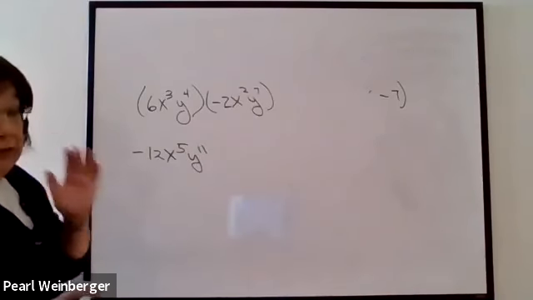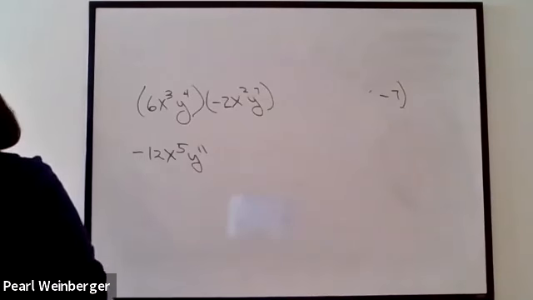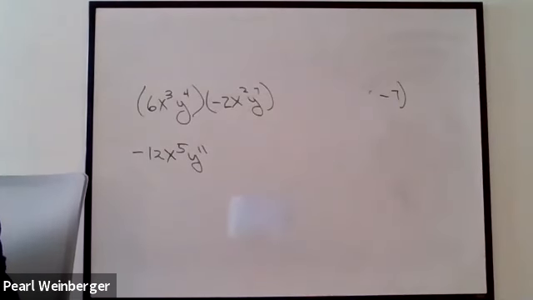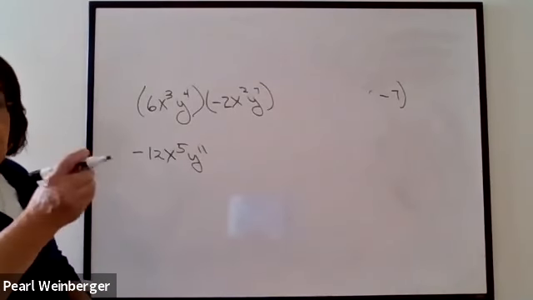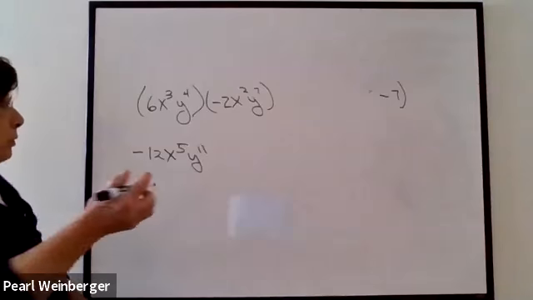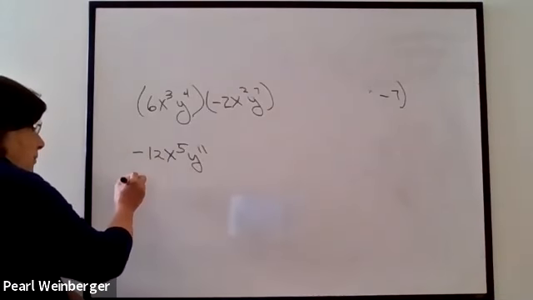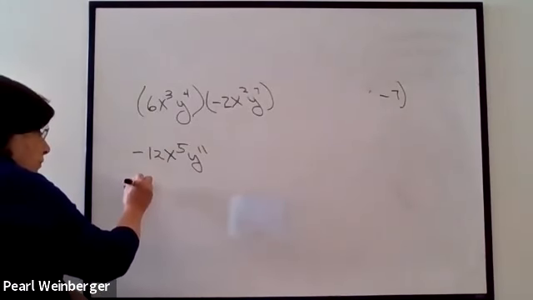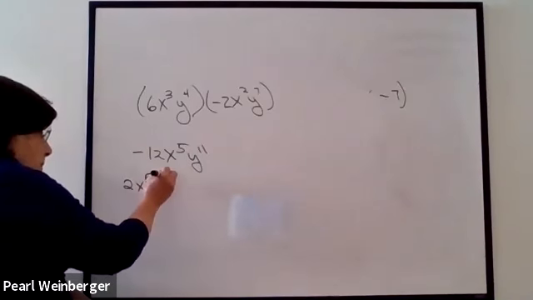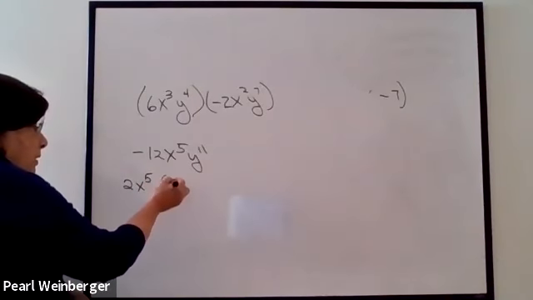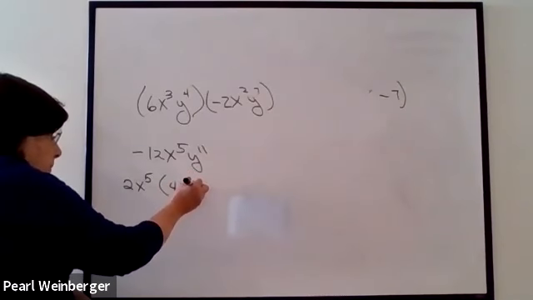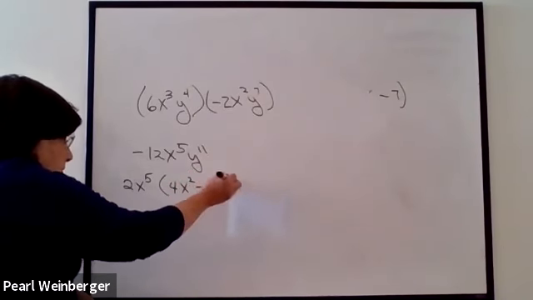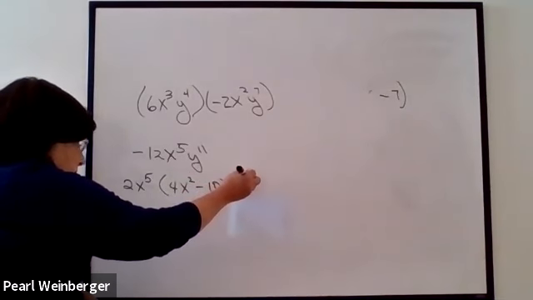Now, what happens if I have a situation like this? Let's first talk about a monomial times a polynomial. Let's say I have 2x to the fifth multiplied by 4x squared minus 10x plus 16.